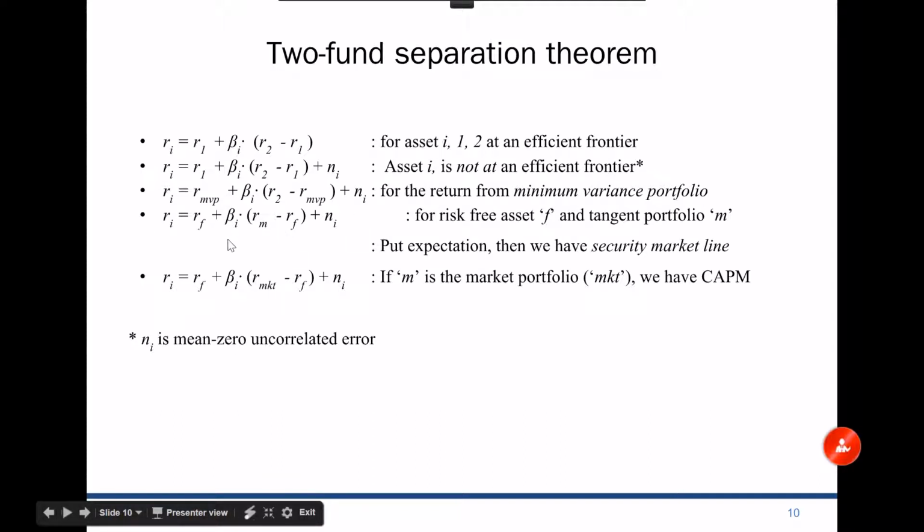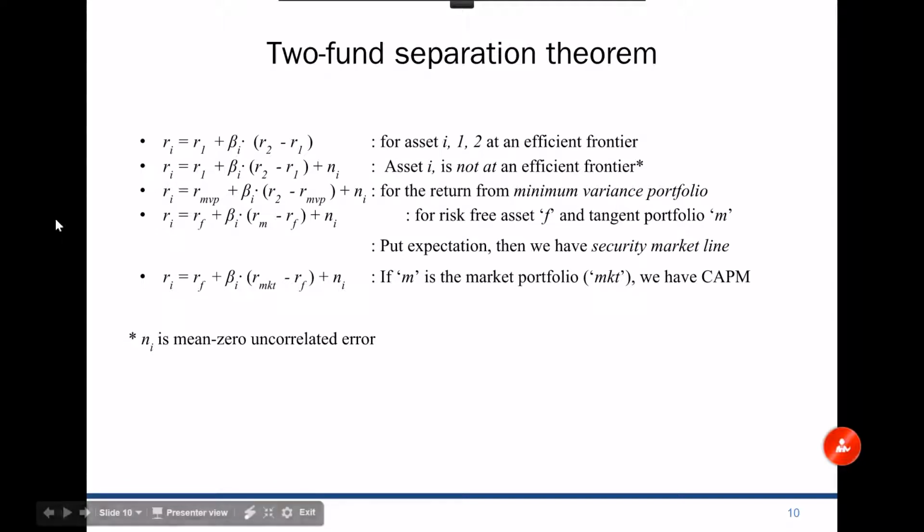What they find is that if we have a high beta, then we have a high expected return. Those researchers found a linear relationship between beta and expected return, and they argued that therefore CAPM is right. But Roll said that this is totally wrong.